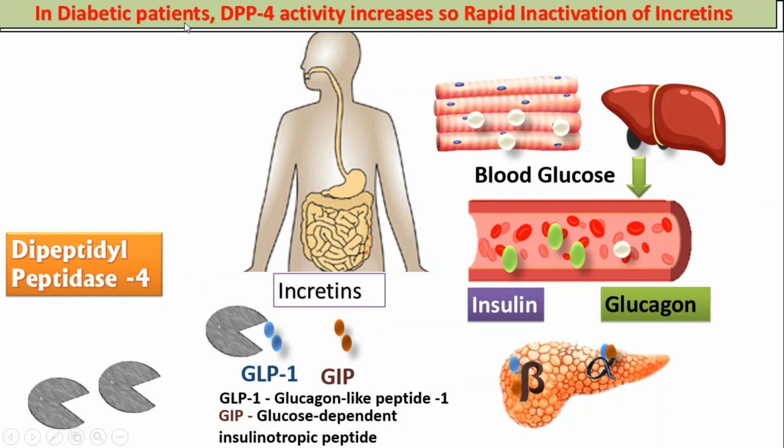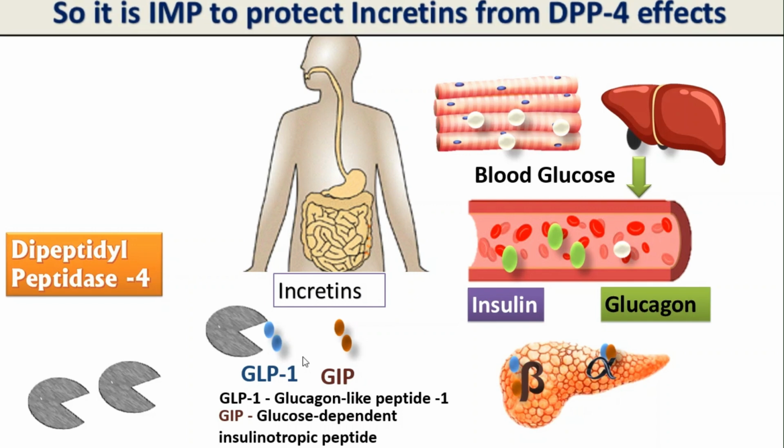Unfortunately, in diabetic patients, the activity of DPP-4, that is the dipeptidyl peptidase 4 enzyme, increases. So it is responsible for rapidly inactivating the incretins, that is GLP-1 and GIP. It is very important to protect the incretins from the DPP-4 effect.